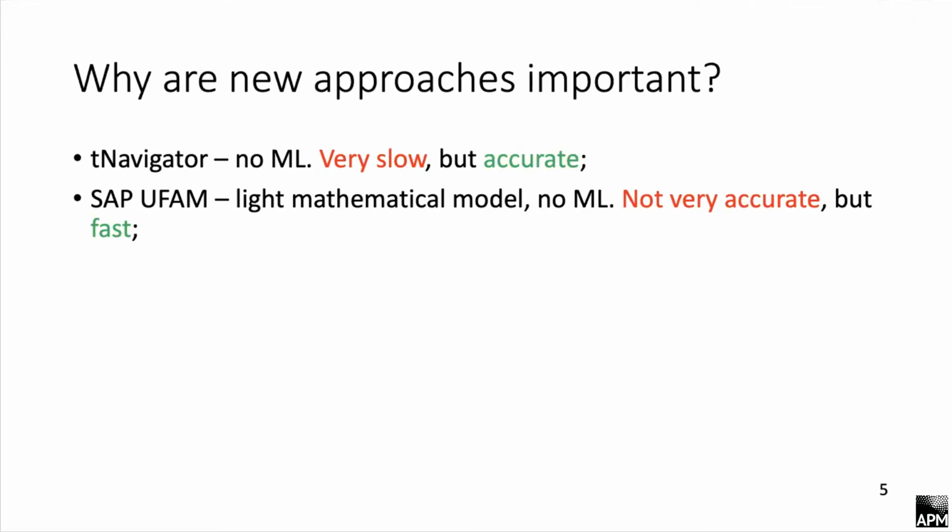Or we can use light mathematical models. They are not very accurate, but very fast. It is very important to say that both of these ways don't use ML, machine learning, and it's not very good.